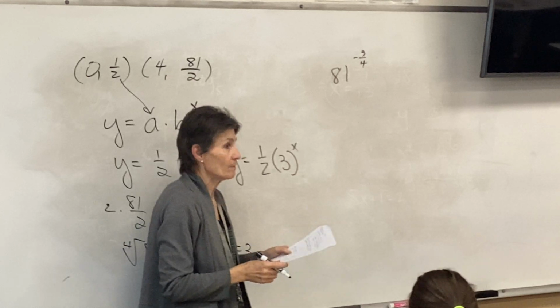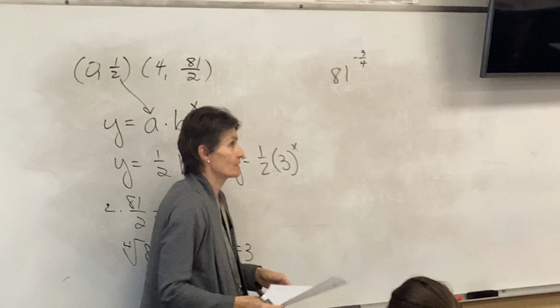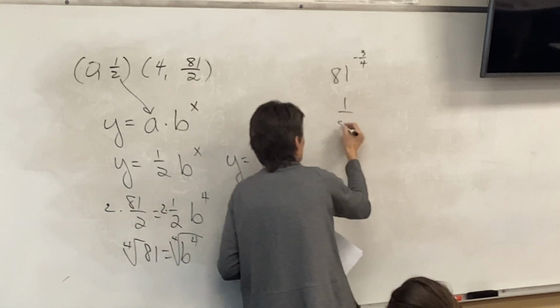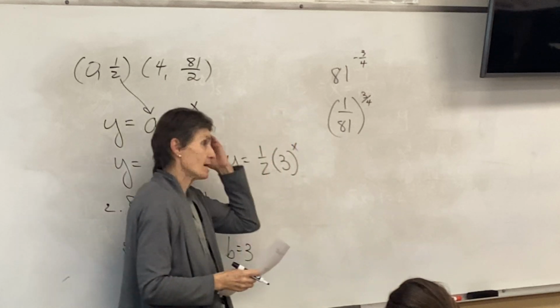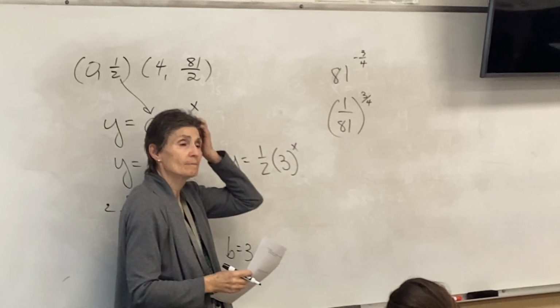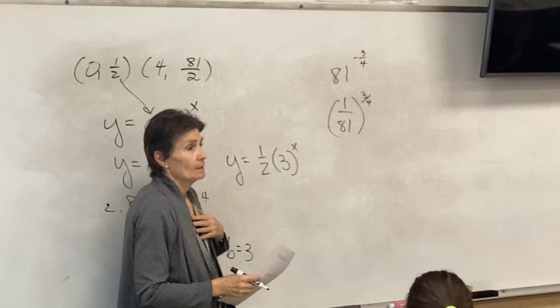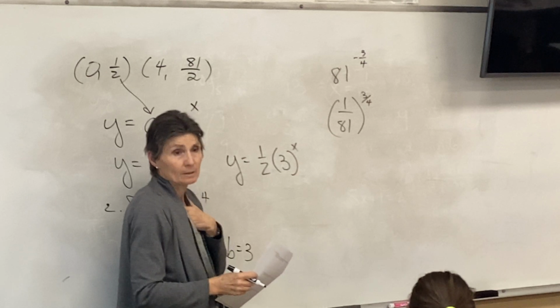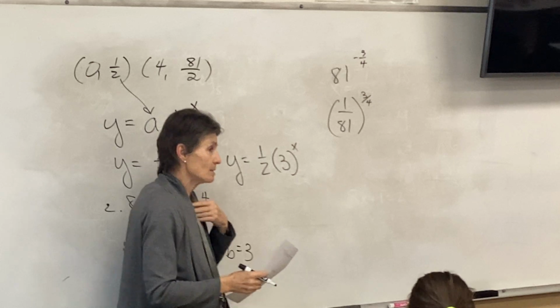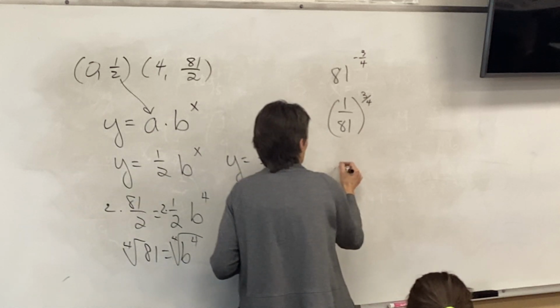81 to the negative 3/4. What are you going to do first? 1 over 81. Always, when you're simplifying these things, guys, take care of that negative first. And then you see an exponent that's a fraction, so that means you're going to have a radical.